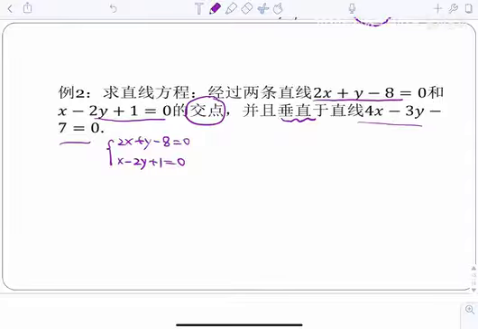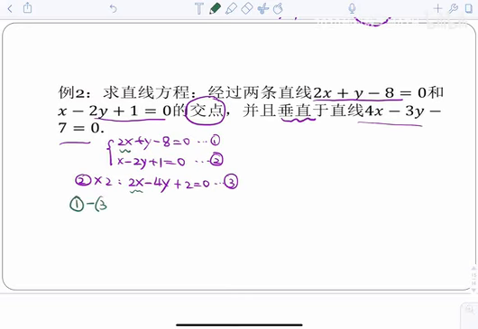So first, I call this one 1, this is 2. So we can take 2 times 2, meaning 2x minus 4y plus 2 equal to 0, so this is 3. So we can see this is 2x, this is 2x, so we can do 1 minus 3, meaning 2x plus y minus 8 minus (2x minus 4y plus 2) equal to 0.